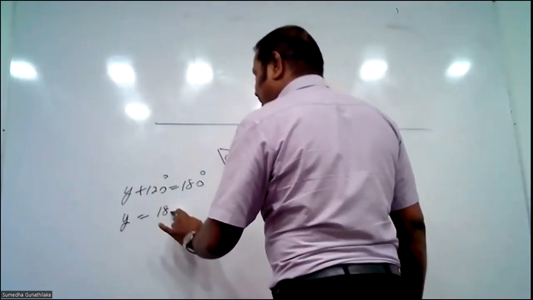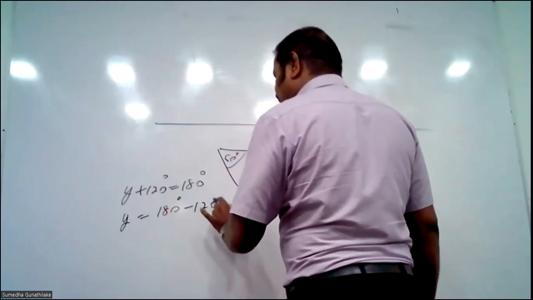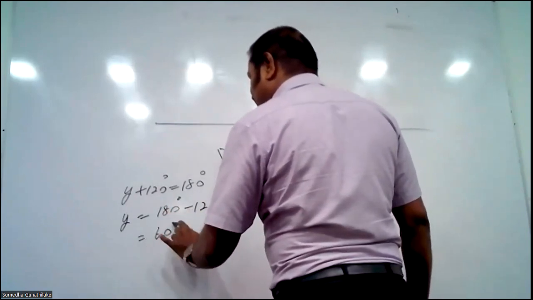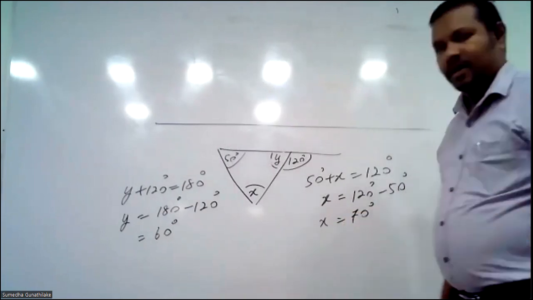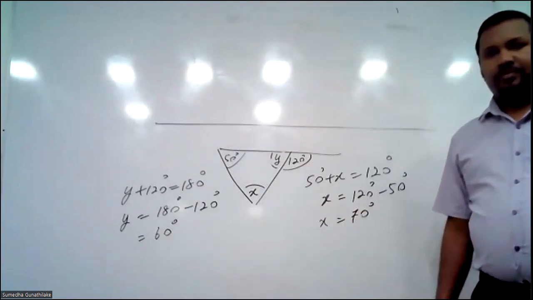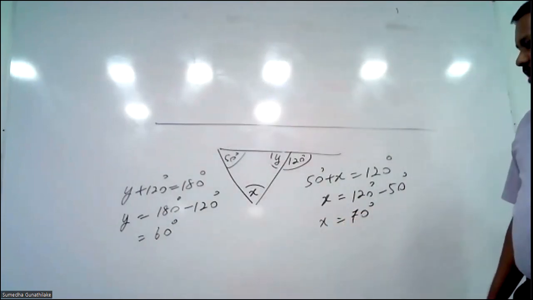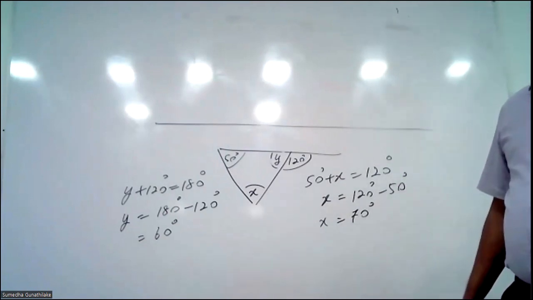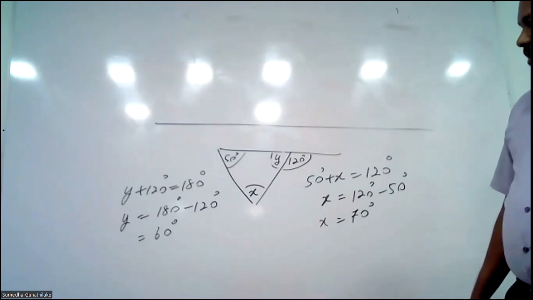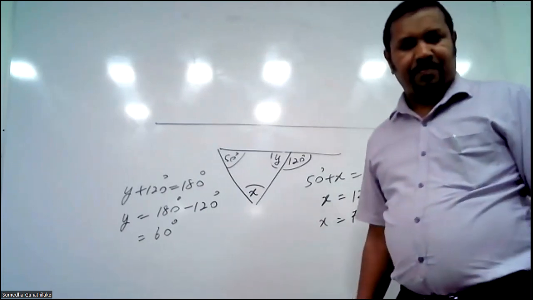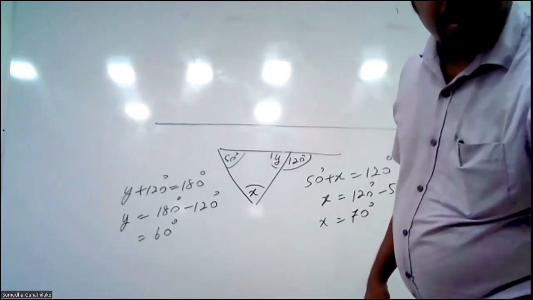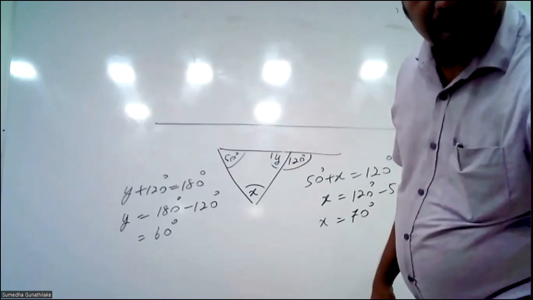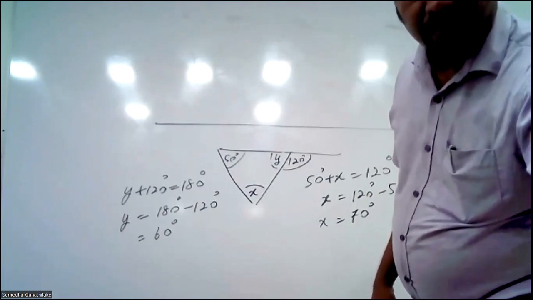Y equals 180 minus 120. That is 60. Very easy, no? X is 70, y is 60. Then we'll move to the next question.